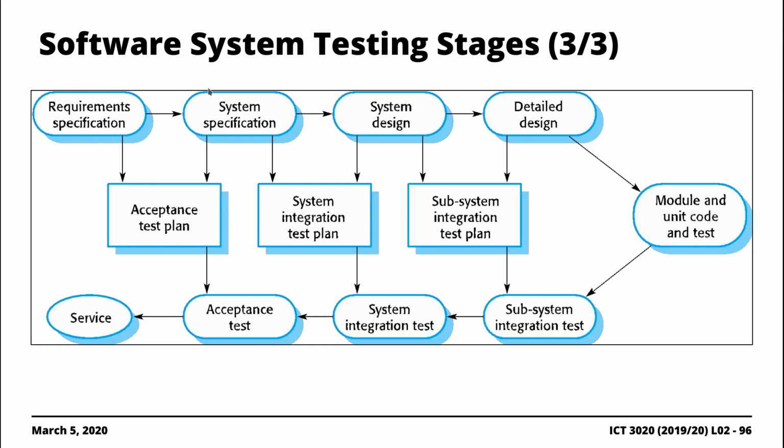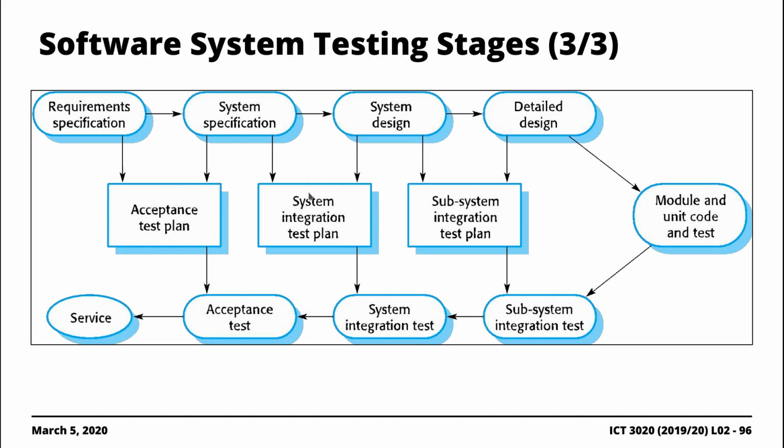The system specification is also fed into here, so are the details that the users expected the system to exhibit. Do these conform to the actual implementation of the system?